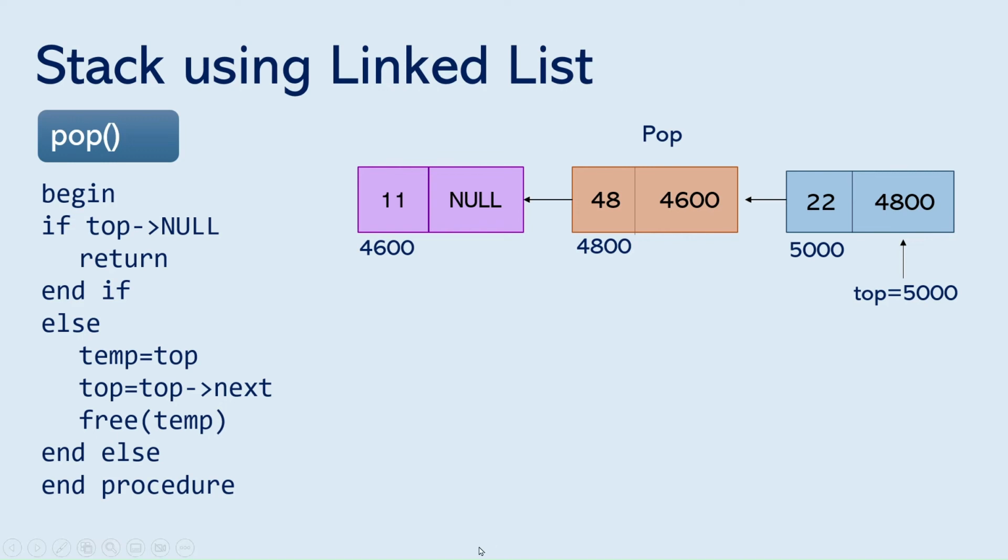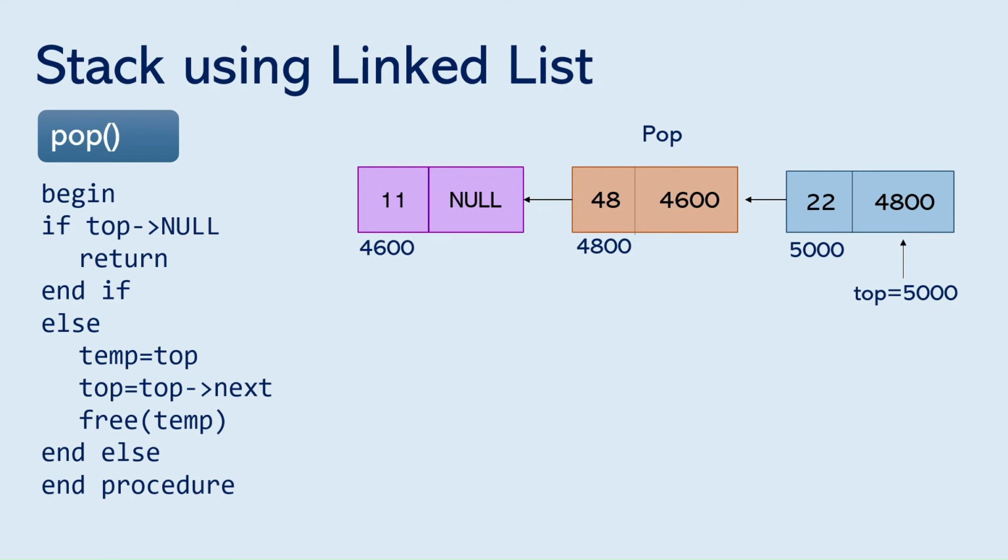Now if we want to pop an element here, temp is equals to top. So we will store the address of the latest node 5000 in temp. Then we will give top the value of top next, which is 4800 here. Now the value of new top will be 4800, and then it will point to the second node, which is like the previous node, and then we will free temp, in which we stored the address of the node which we just popped, that is 5000.